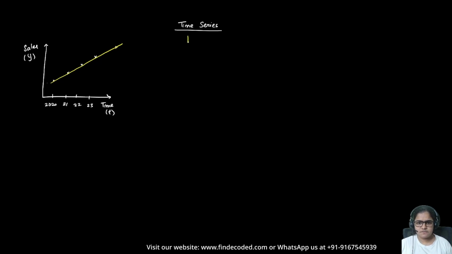Okay, a time series, very simply put, is a set of observations of a variable over successive periods of time. This is called a time series.